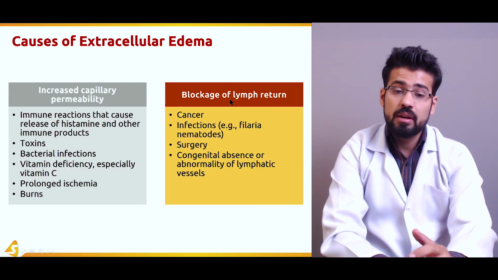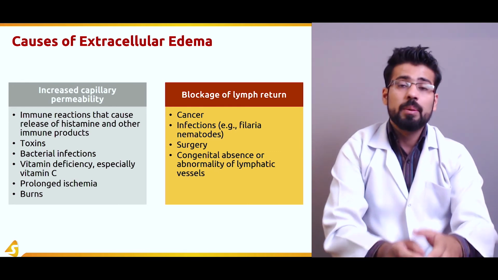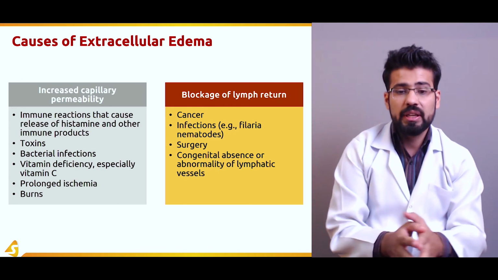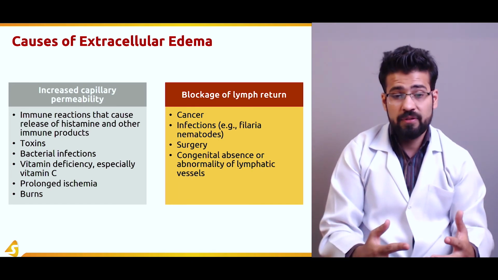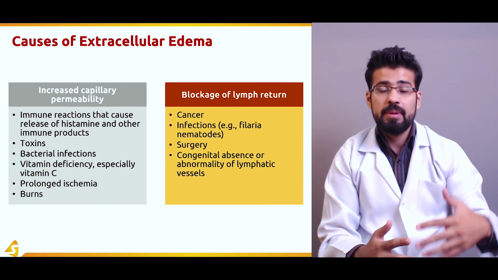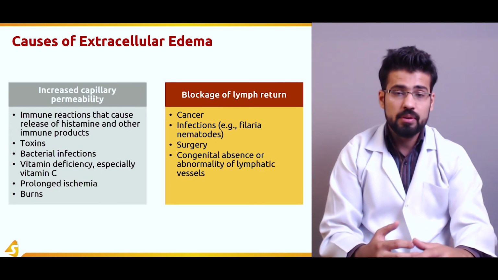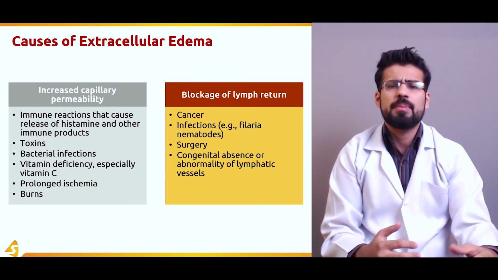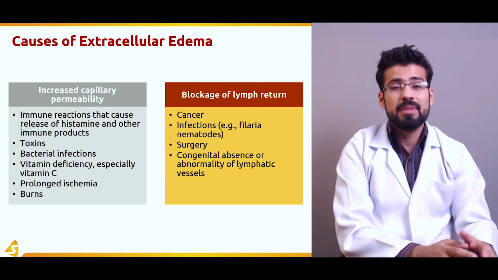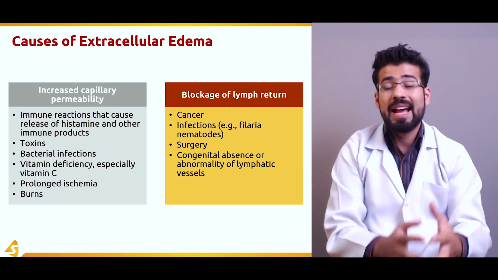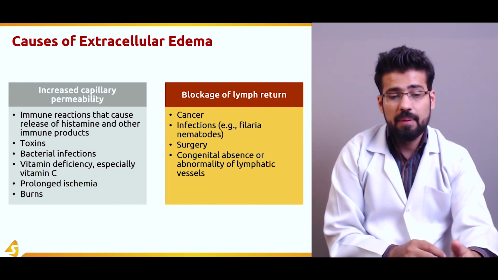Edema also occurs because of increased capillary permeability. When there is an increase in the permeability of the capillaries, the immune reactions that cause the release of histamines and other immune products will be elevated. This would cause toxins to be produced, where there is a huge possibility of bacterial infections, right? Vitamin deficiency can also occur, and all of these can contribute towards increased capillary permeability.